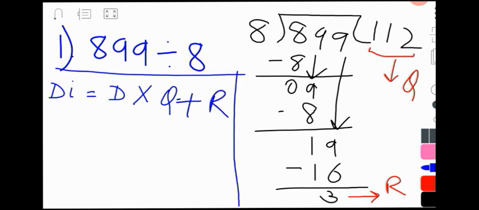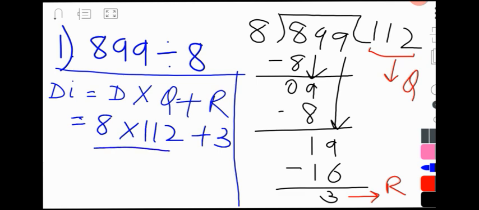Our quotient is 112, our remainder is 3, this 899 is our dividend, and this 8 is our divisor. Now let us put the digits into the formula: divisor is 8 multiplied by quotient 112 plus remainder 3. First we multiply the quotient and the divisor, and only then add the remainder.